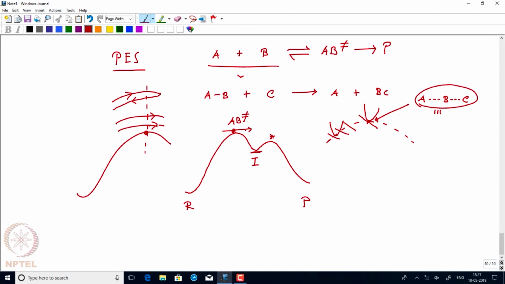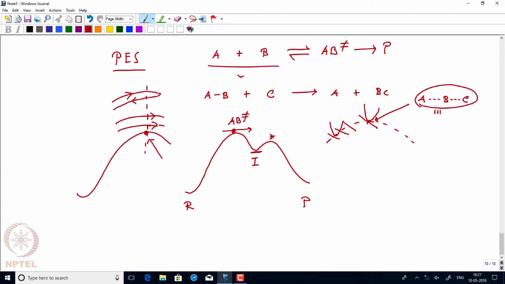And thirdly, which is most important, the location of the transition state, the way we derived it, is right at the saddle point, or you can think of it as a particular point where the recrossings of the trajectories are minimum. But the point here is that it has a very precise location.